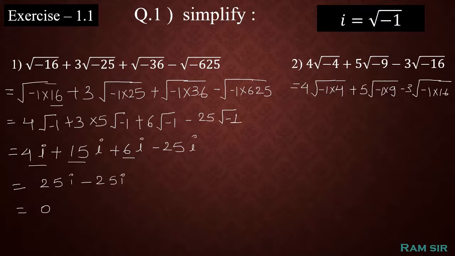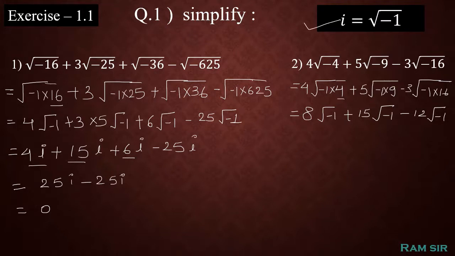Now simplify this. 4 is a perfect square, coming out it is 2. Multiplied with 4 gives you 8 root of minus 1. 9 is a perfect square, coming out it is 3, multiplied by 5 gives 15 root of minus 1 left. For minus 16, the perfect square is 4, multiplied with 3 gives you 12 root of minus 1 as it is.